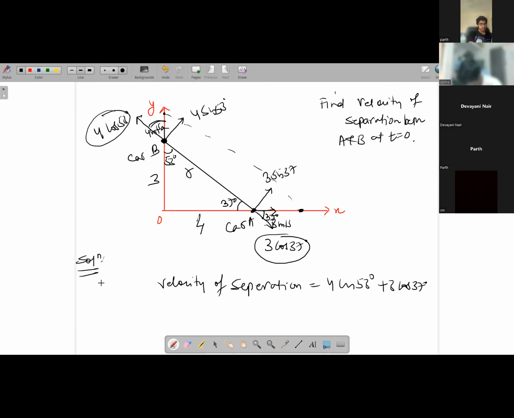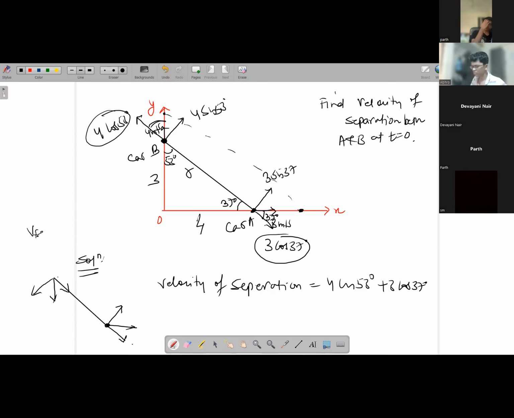Suppose I consider a different case like this, in this question only. Car A is going in this direction and car B is coming down. So this car will have two components, one perpendicular to this line and the other along this line, and this will also have two components, perpendicular to this and along the line. Now you can see that with this velocity A is trying to go away and with this velocity B is trying to come closer.